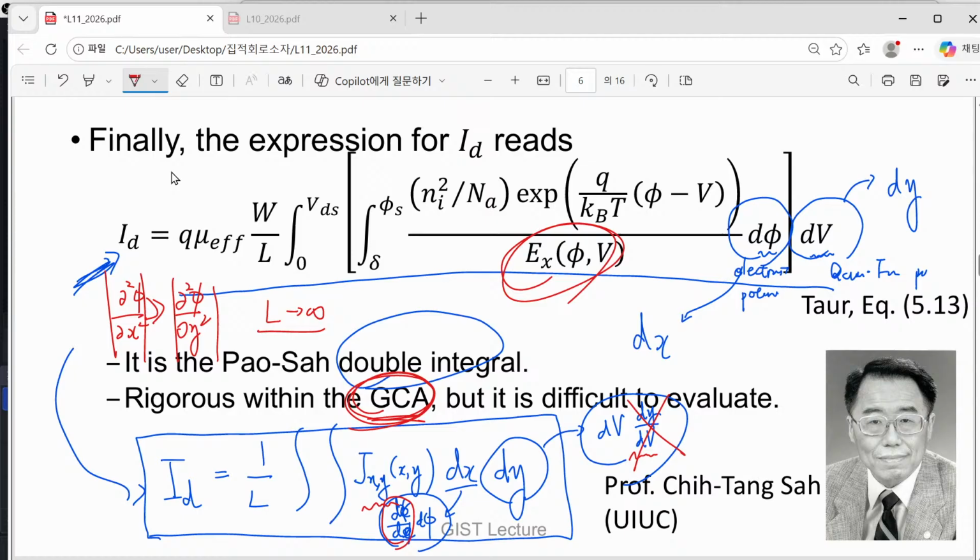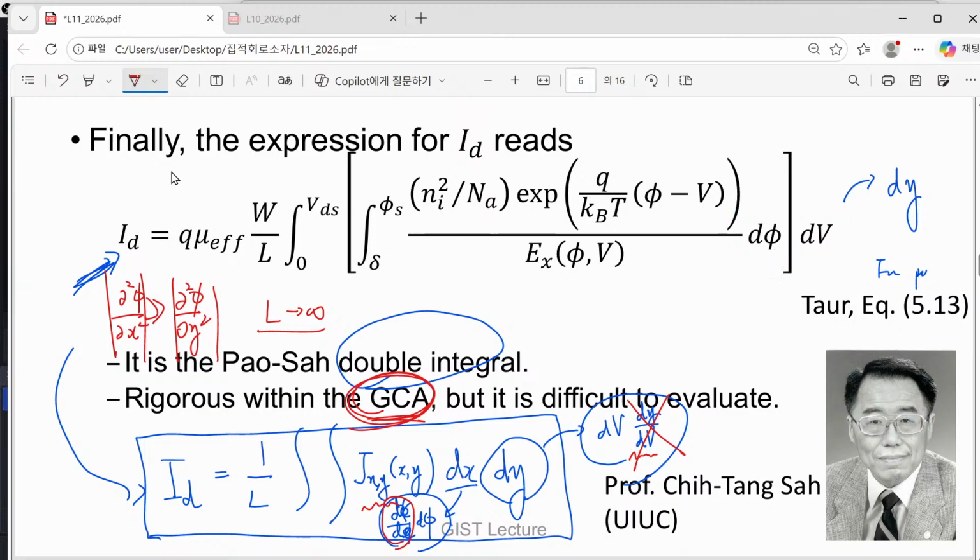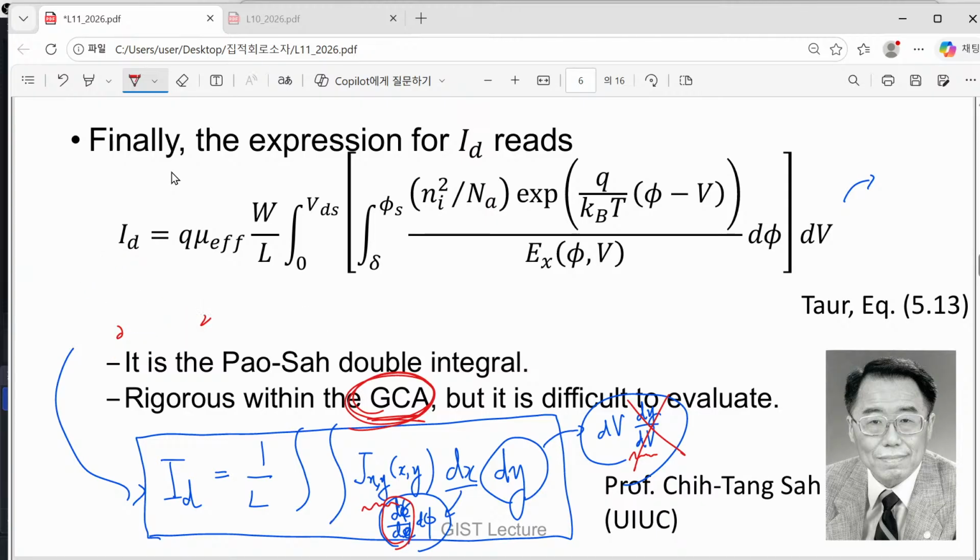Okay, everybody loves this one, but how can we actually evaluate this Pao-Sah double integral? In order to really perform this, think about this equation set. q, yes, we know. μ, we can set it. W and L are design parameters; we know them.